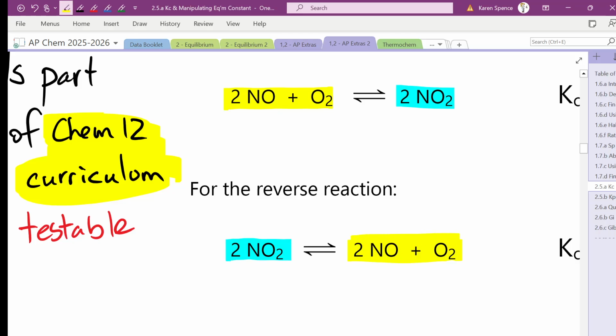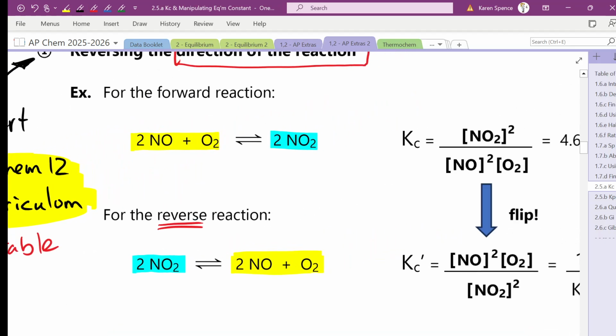So we have reversed the reaction. Well, if we look at our K values, NO2 squared in the forward is on the bottom, and in the reverse one, it's on the top. And our NO2 is on the top for the forward reaction, and it's on the bottom when we reverse it.